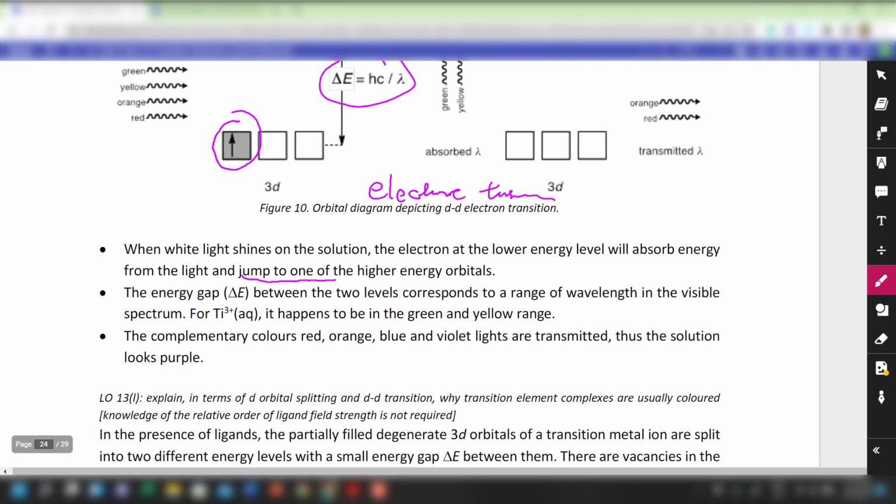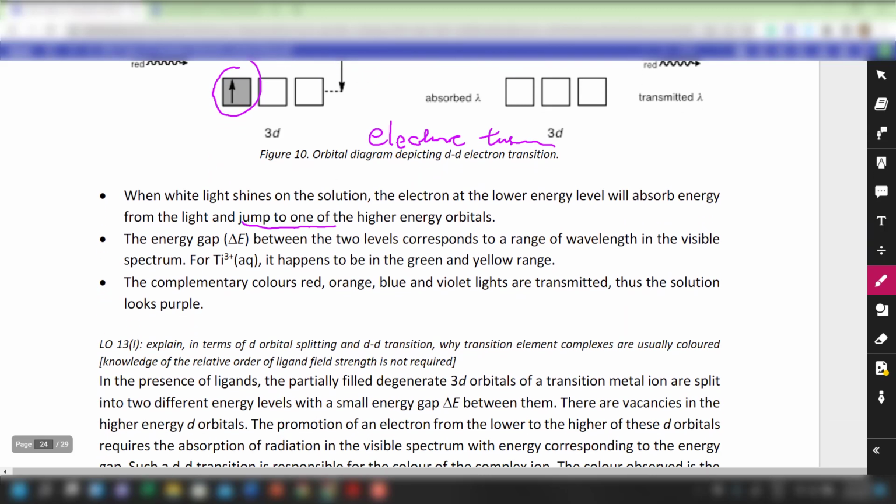So the complementary colors of the red, orange and blue light are being transmitted, so it will appear purple. You notice that what's given in this particular bullet point is that the energy gap corresponds to the green-yellow region.